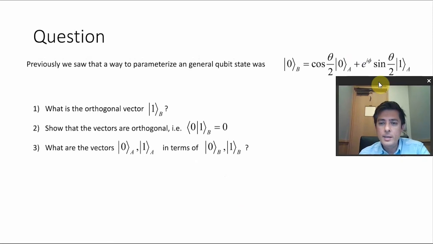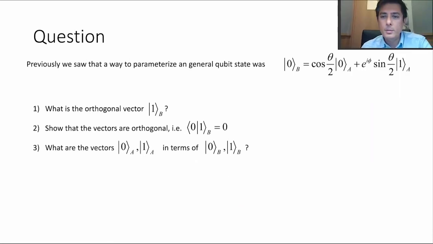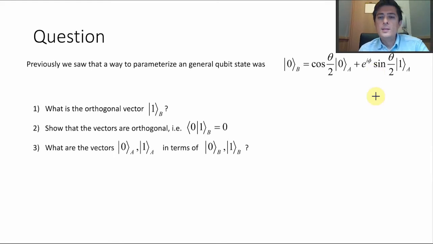So previously I also said that a neat way to parameterize the normalized states was this cosine and sine way of writing this. This way is neat because you don't have to worry about the normalization.